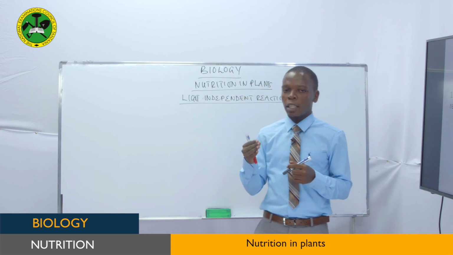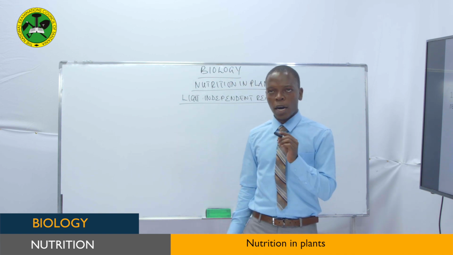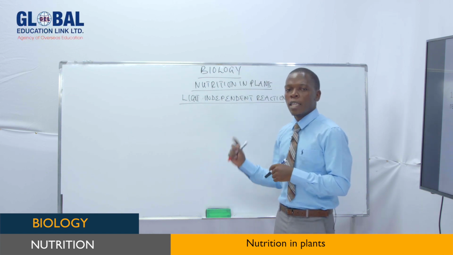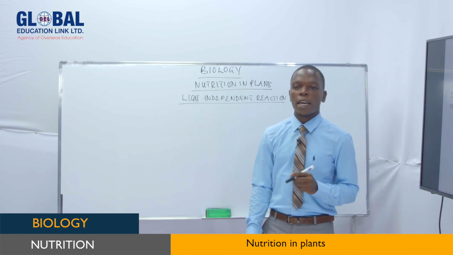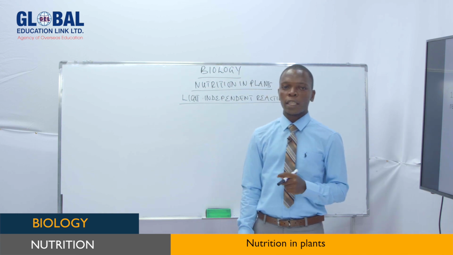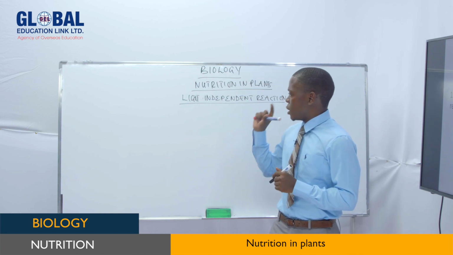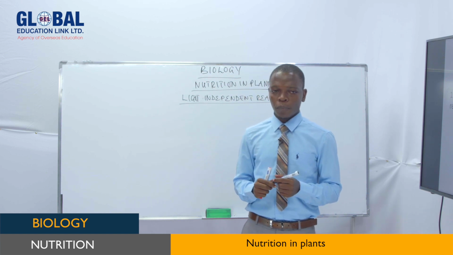When you say dark reaction, it means that it occurs only in absence of light. But recent research showed that this reaction can take place in presence of light and even in absence of light. Therefore, to be correct, it's better you say light-independent reaction.